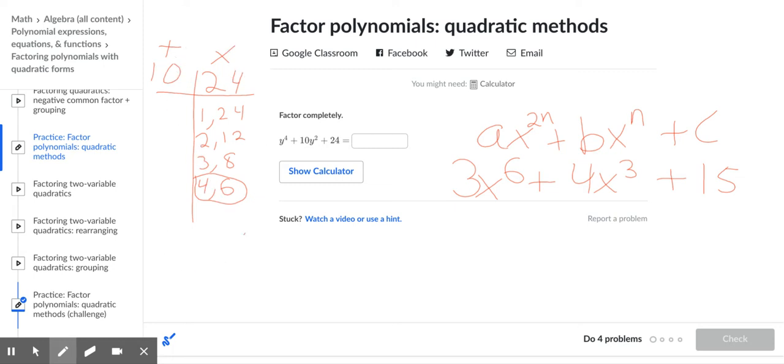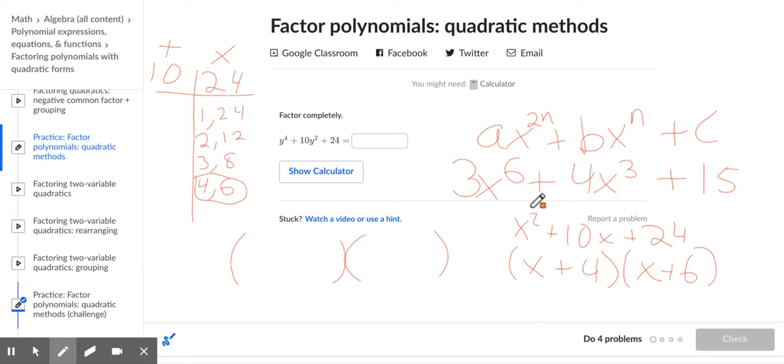So the only difference here, as we're writing this out, usually, if I had just plain x squared plus 10x plus 24, and I found 4 and 6, I would factor that as x plus 4, x plus 6, right? I just have whatever the variable is plus one of them, and then the variable plus the other one, and that would be my factored form.